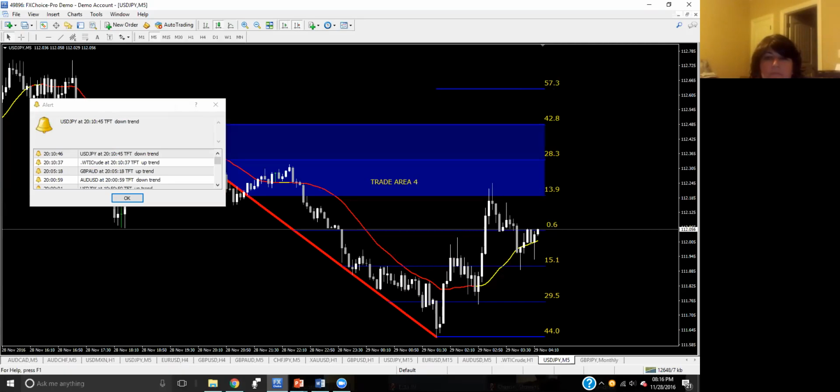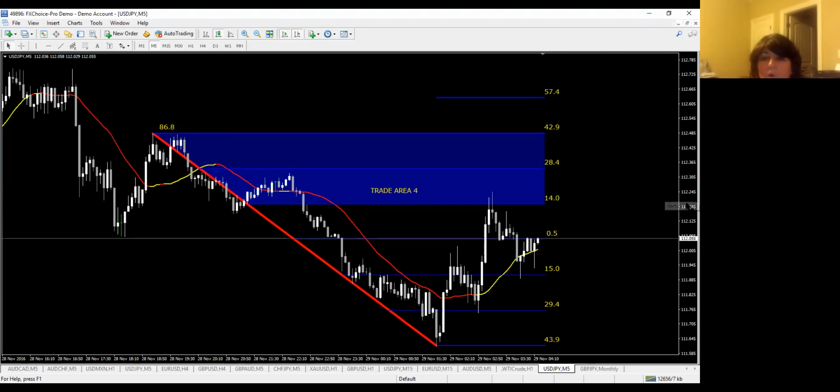Price is over here on the right side of your screen, whether it's on your phone or on your computer. So this is the US dollar versus the Japanese yen. And so it's 112.305, okay? So this is your price. So currency quotes and prices are right there.